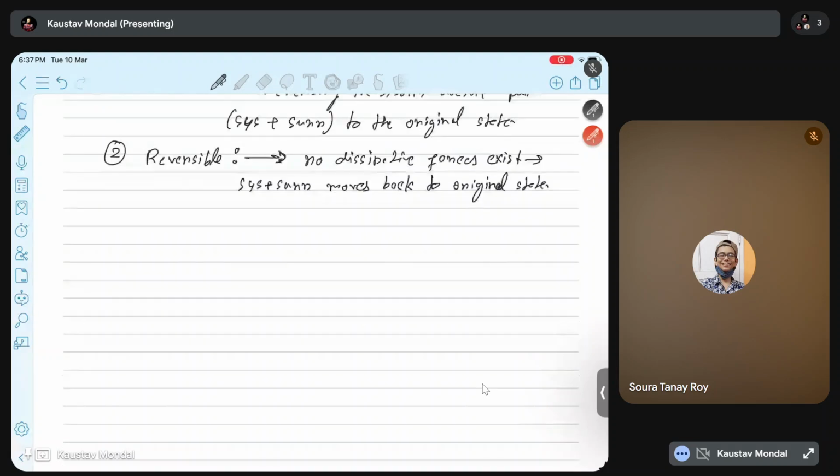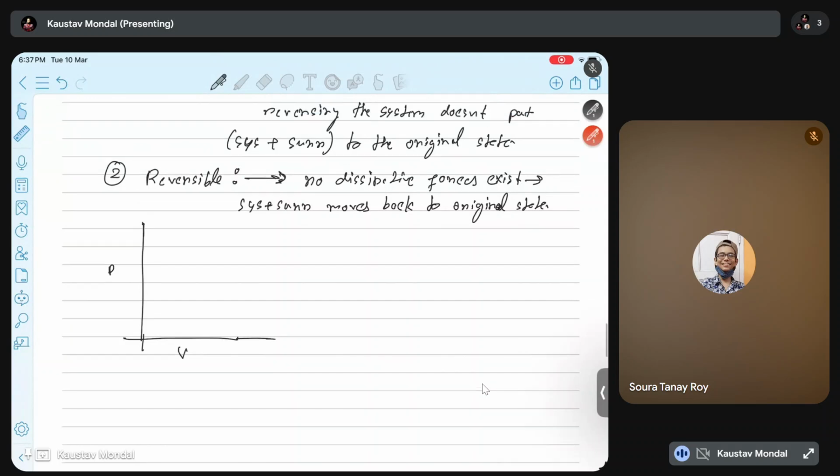So let's suppose you have an ideal gas. Let's suppose this is a PV diagram of the ideal gas. You took an ideal gas in a container and you press the container using a piston. So in this container there is this ideal gas. Let's suppose at state 1, the initial state, this gas has some pressure and volume, P1 and V1.